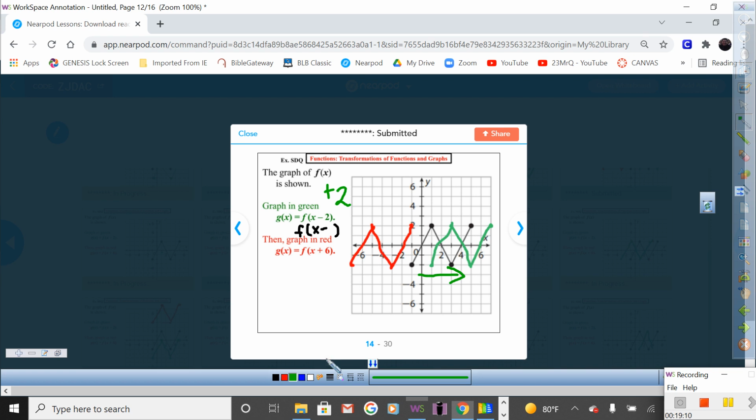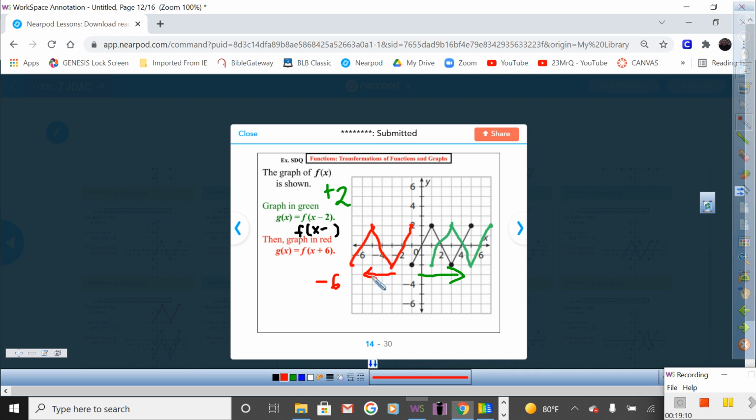Okay. Next, what number do I need to substitute in here to make this positive 6? Yeah, a negative 6. Because negative 6 times negative is a positive. That means I'm going to go to the left. Okay? If you didn't get that, make a note for yourself.